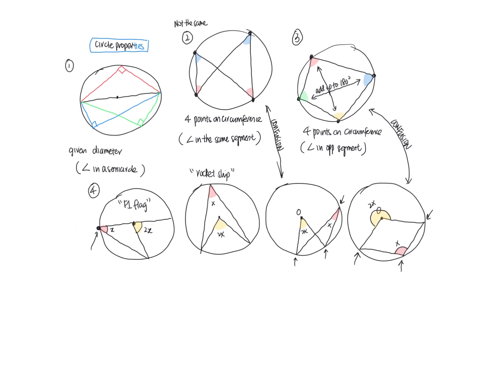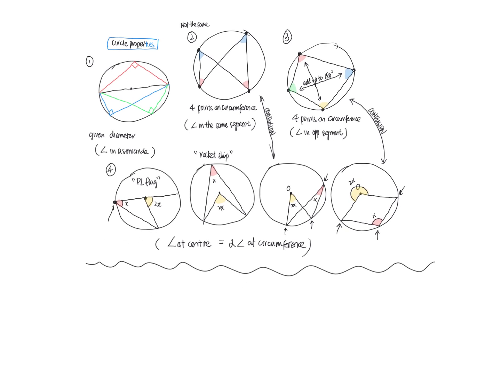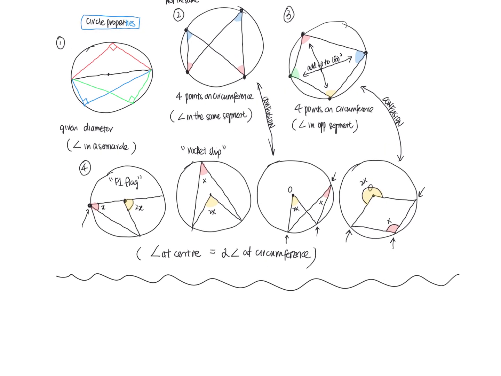Then the next one is when I bring in the tangent line. Oh, this one I must write: angle at center equals 2 times angle at circumference. So all these are without the tangent line, but if I add in a tangent line, there are only 2 things to remember.